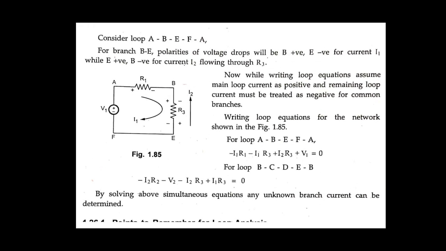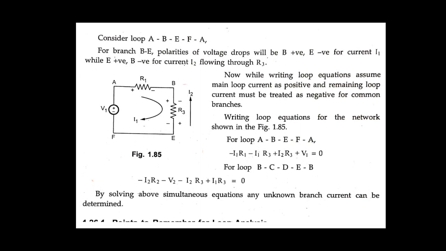So for branch B, the polarities of the voltage drop will be, see here, B positive and E negative. It is for current I1. And already we know that in branch B there are two currents flowing, another one is I2.